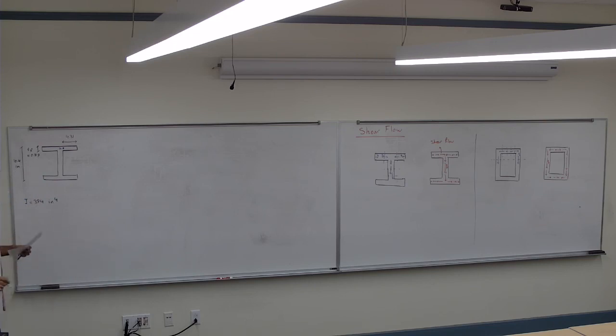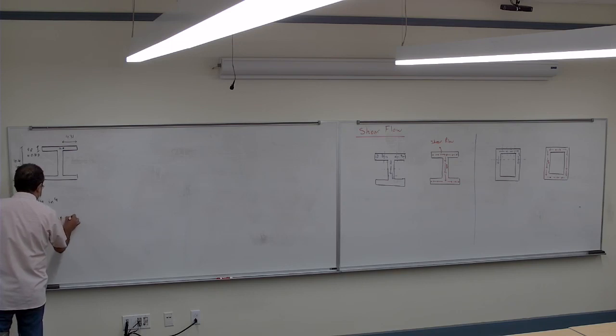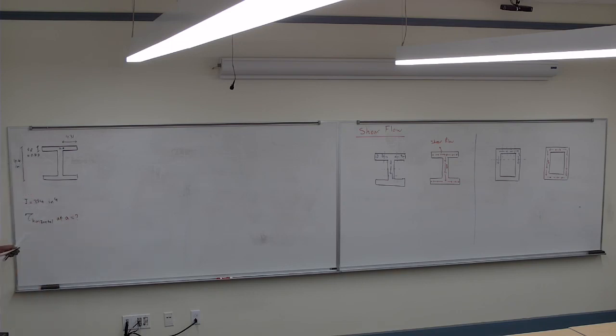So we want to know the top horizontal shear stress at A. Want to know how much that is? The horizontal shear stress at A. The B is also 50 cubes.